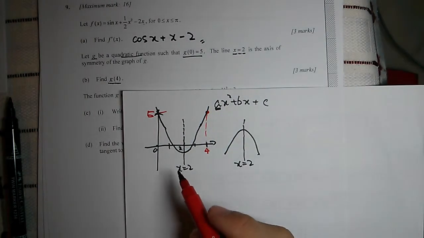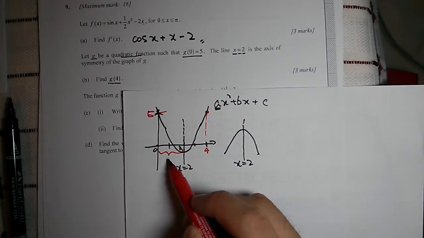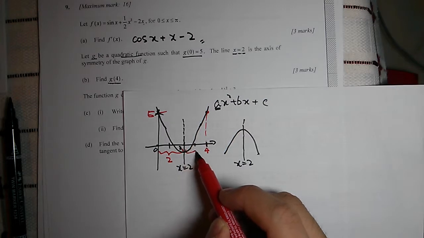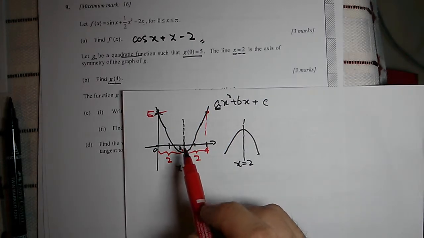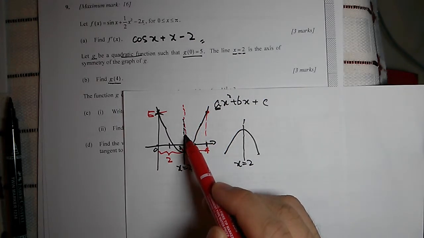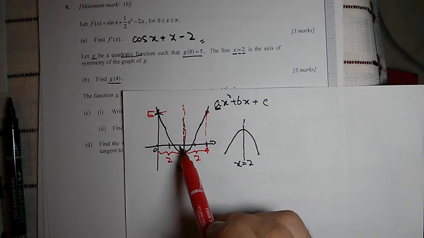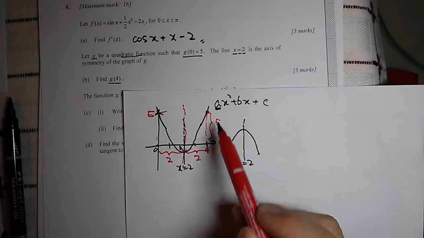If we draw this, it may be clearer. This is an interval of 2, while from 2 to 4, the interval is also 2. The quadratic graph is symmetric about the axis of symmetry. That means if this is 5, this must also be 5.